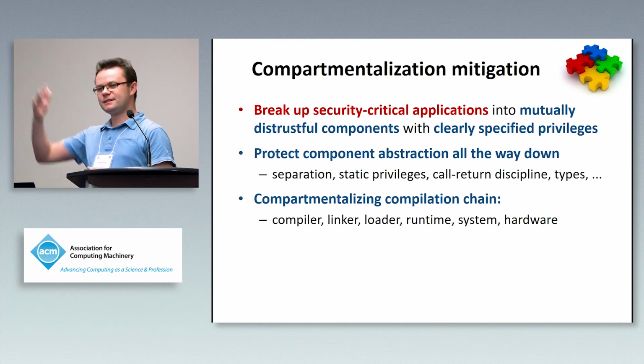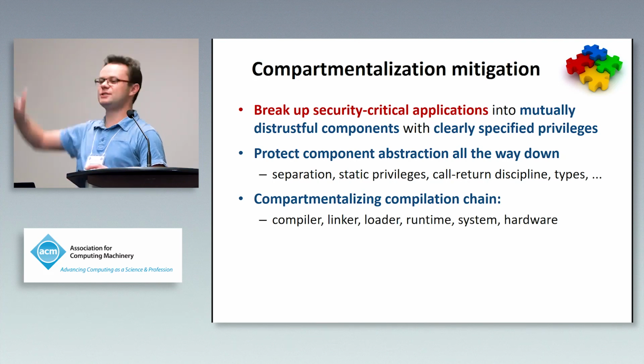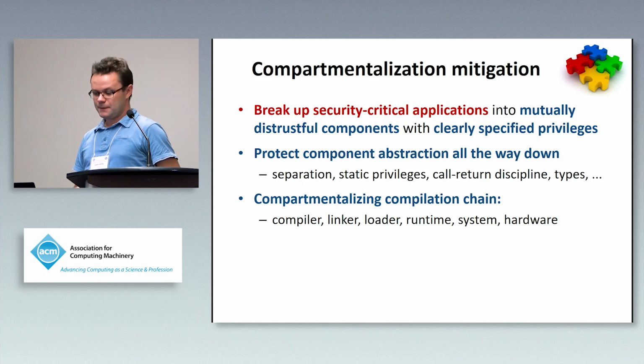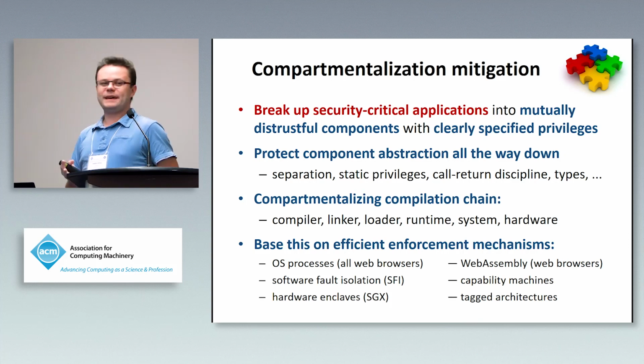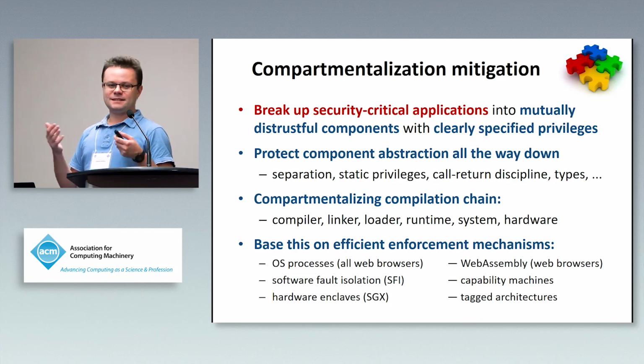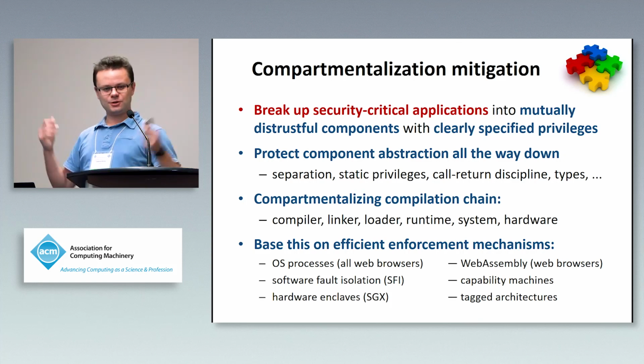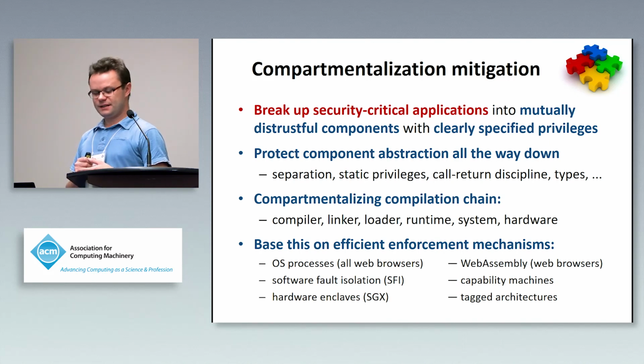So everything that starts from your source language, going all the way down. And of course, the idea is to build these secure compilation chains based on existing efficient enforcement mechanisms. One easy way, if you want very coarse-grained compartments, is to use operating system processes that are isolated from each other.